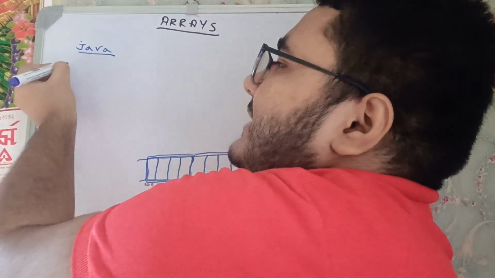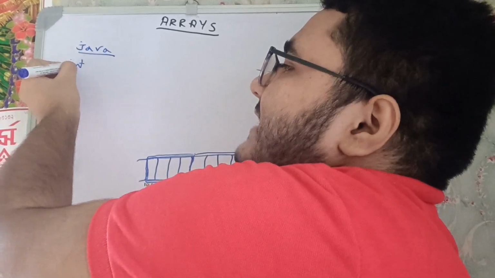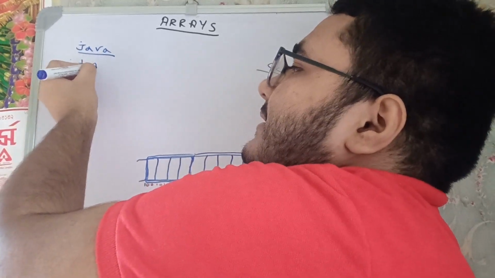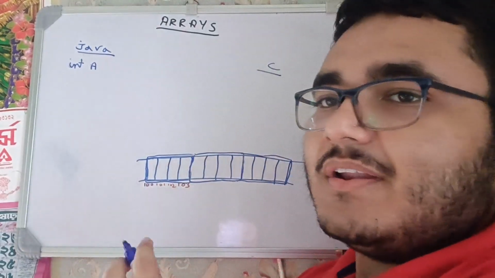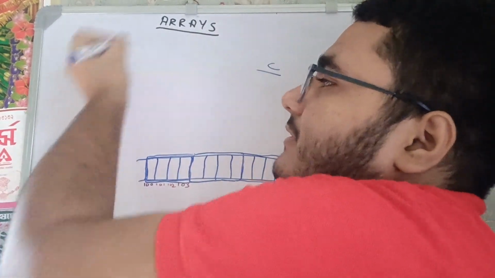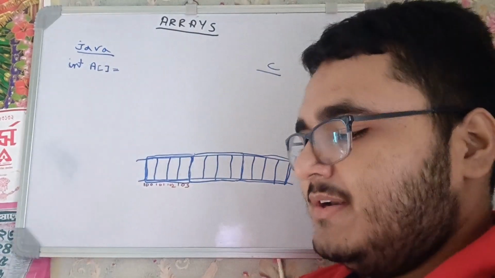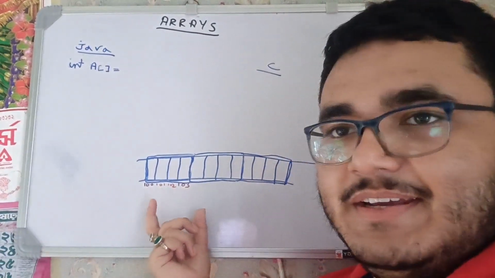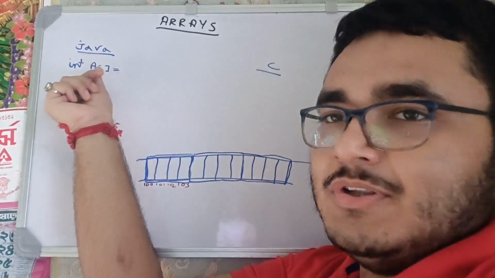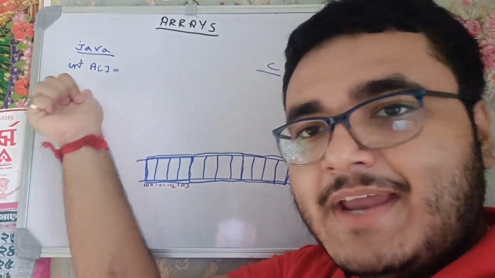Now, how to declare it? Since we are declaring a new space in memory, first write the variable name. int a is equal to... this square bracket I have used to represent that this variable will be an array.